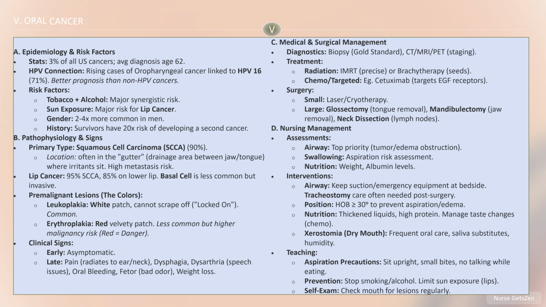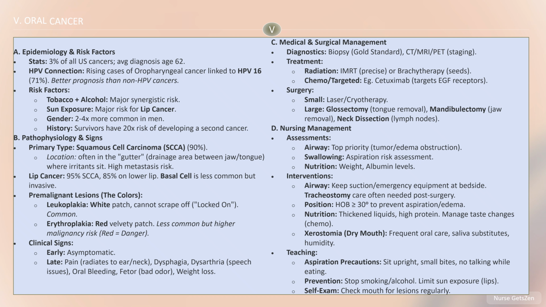It is 2 to 4 times more common in men, and the risk increases with age, with the average age of diagnosis being 62. Oral cancer accounts for 25% of all head and neck cancers. Patients who survive 5 to 10 years have a 20 times higher risk of developing a second cancer.